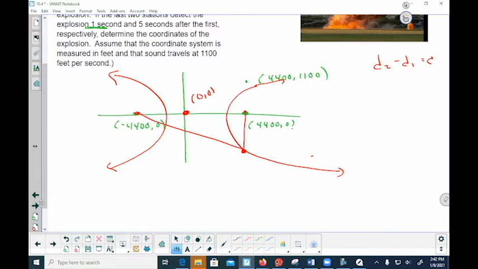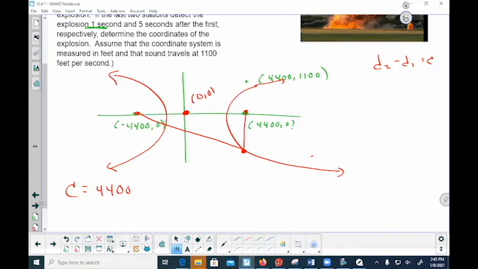So if this is my center, 0, 0, the distance between my center and my foci is my c. So my c is 4,400.